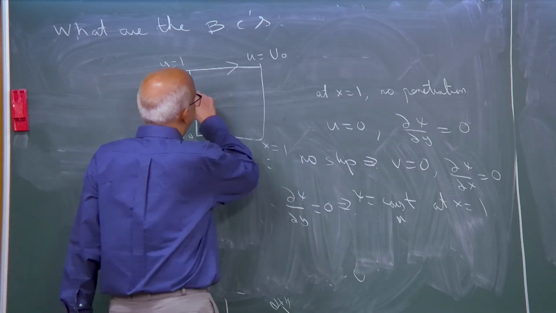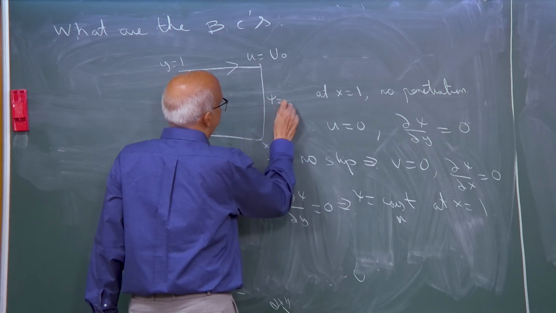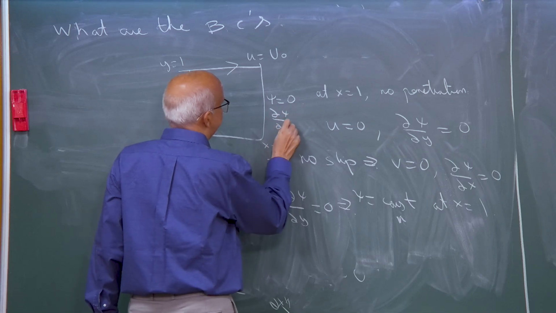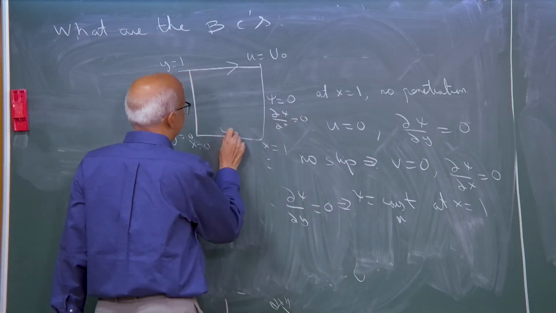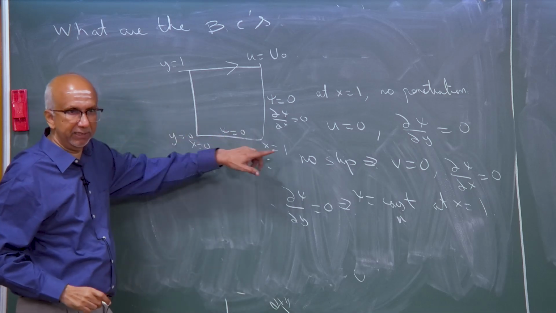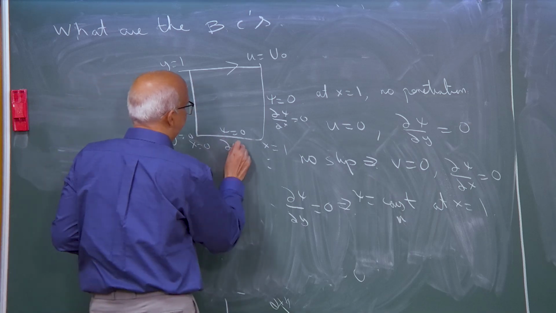Basically, this will correspond to one streamline. So psi equals constant, which I am taking as 0, and d psi by dx is 0. Here psi equals 0, psi is constant along this, again using the same argument, and you will get d psi by dy is 0.